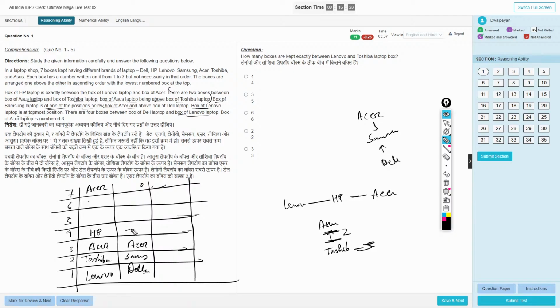So Acer one box, HP one box, Lenovo not possible. Box of Samsung laptop is one of the positions below box of Acer, and box of Acer laptop is number 3. Exactly one box each. Boxes are arranged in ascending order with the lowermost number box.